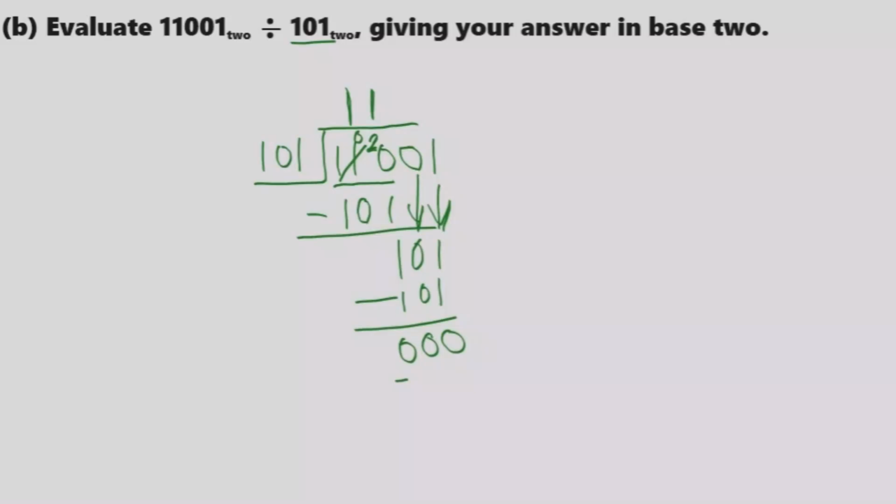So evaluating 11001 in base 2 divided by 101 in base 2 will give us 11 in base 2. So that is the answer.